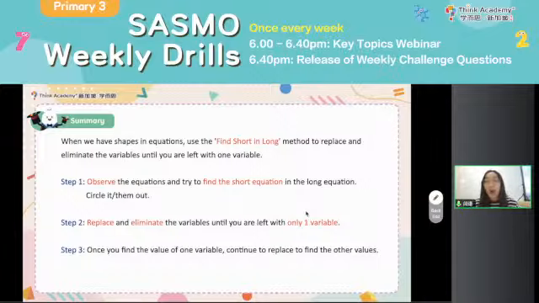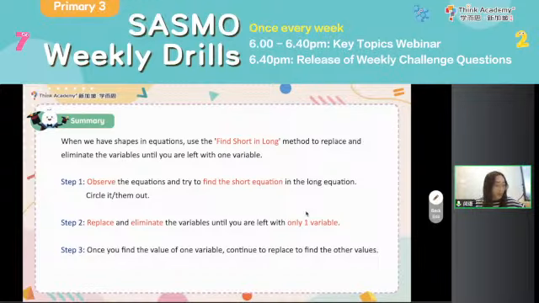And then we always regard the shorter one as a group. Then you just circle the group. For the second step, we need to replace and eliminate the variables until you are left with only one variable. And the last one is to find the value of one variable and then continue to replace to find the other values.